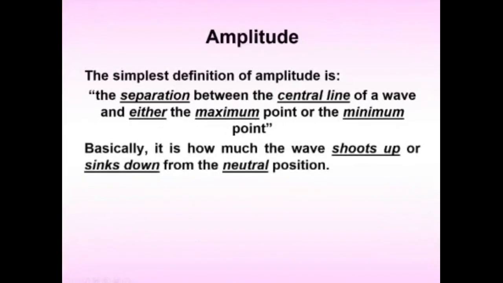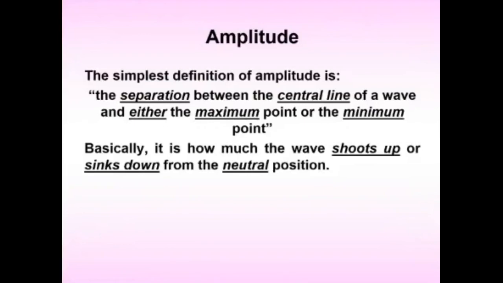Basically, it's how much the wave shoots up or sinks down from the neutral position. What's another name for neutral? Original. Equilibrium. The book calls it the equilibrium position because it's the position where the spring is perfectly at the center of the shaking.